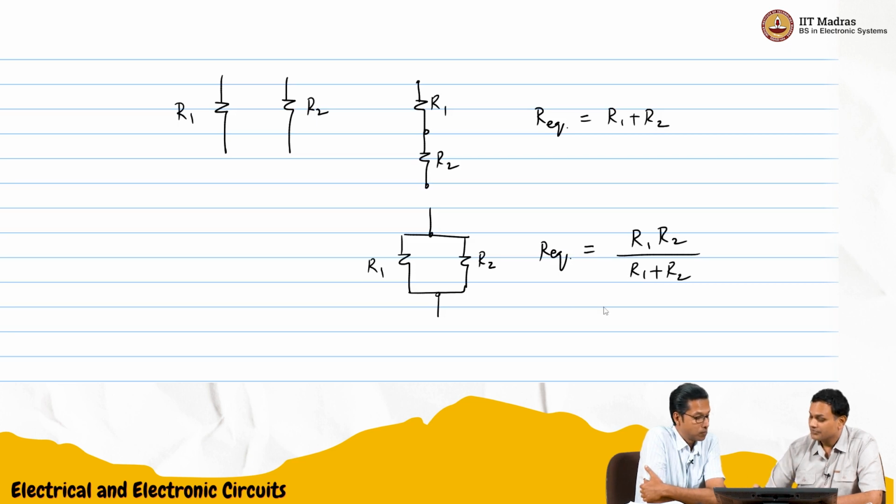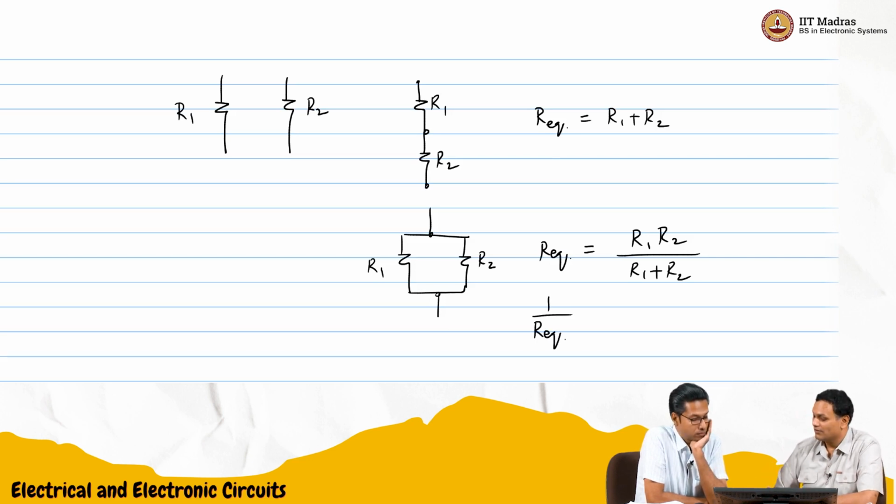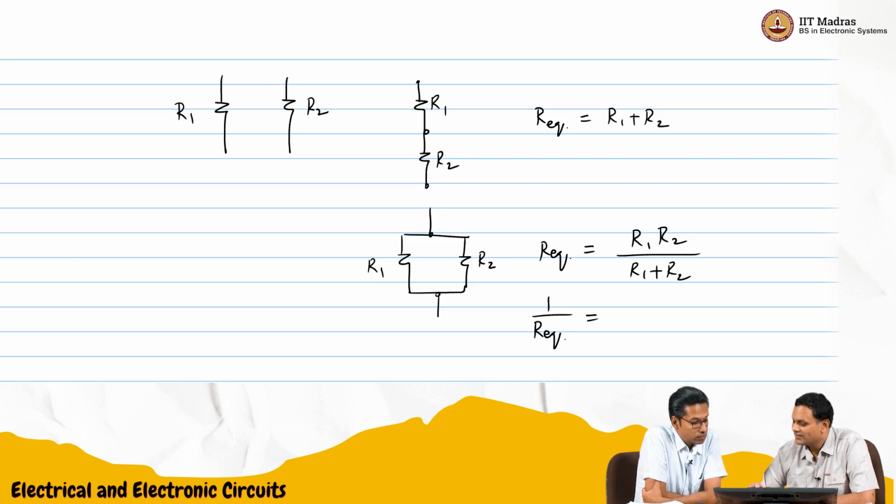But the way we got this was not like this when we solved it. So maybe what I will do, I will take the inverse of R equivalent. You can see that it is R1 plus R2 by R1 R2, so that is just 1 over R1 plus 1 over R2.